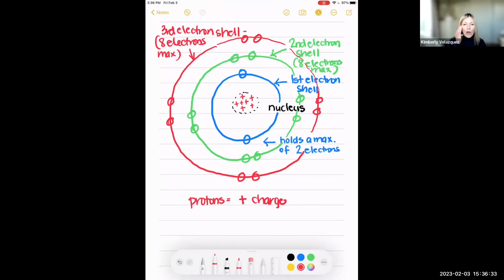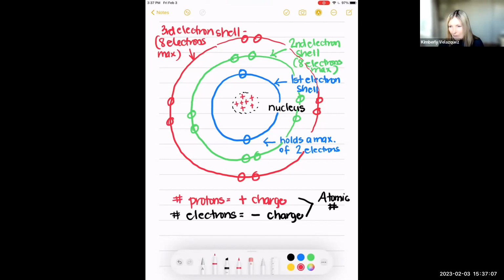That atomic number also represents the number of electrons that are orbiting outside the nucleus for every atom on that periodic table. And electrons actually have a negative charge. So the atomic number of an element is equal to the number of electrons, and it's also equal to the number of protons.